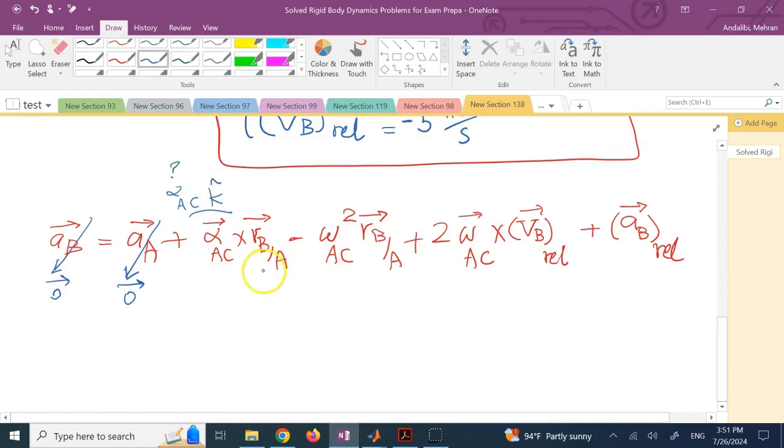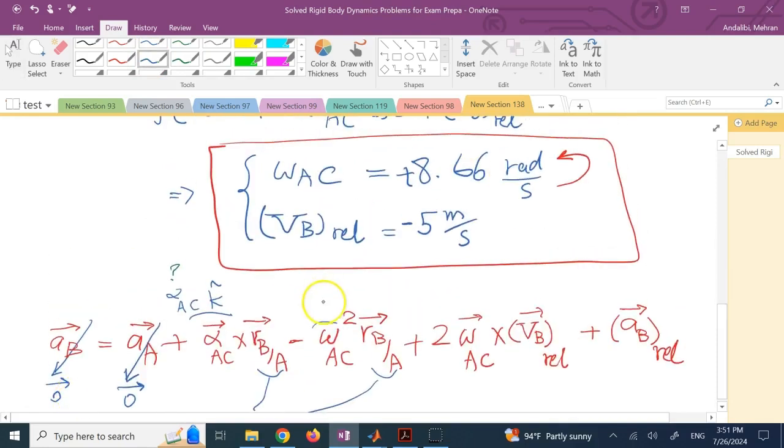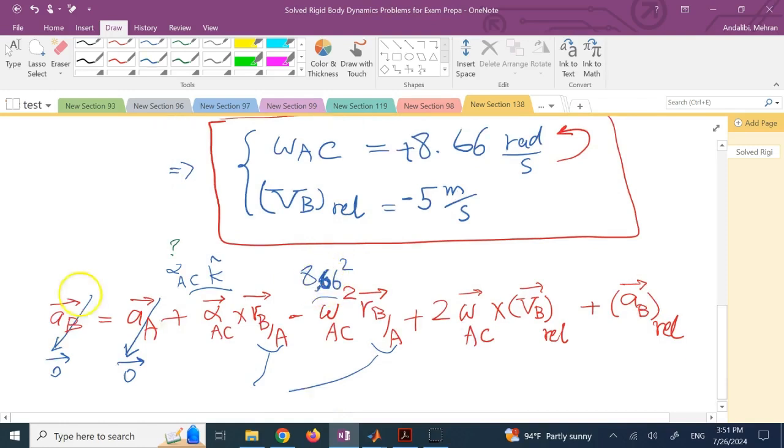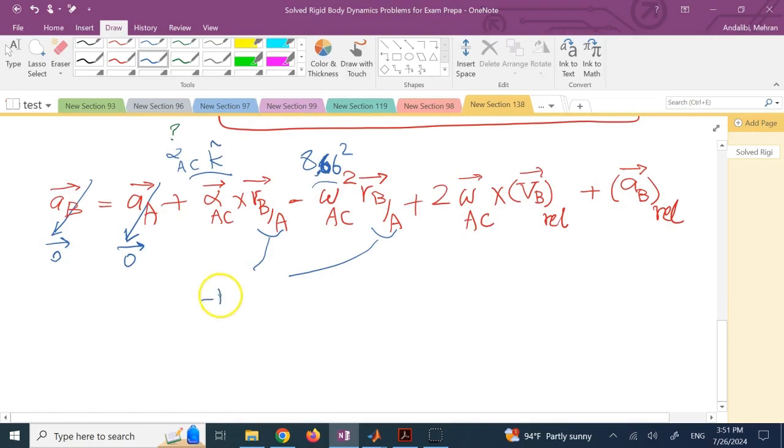Okay, R of B with respect to A is what we had last time. That's the exact same thing. This magnitude of omega is that number that I have. That's just 8.66 squared, right? So that number I have from last time. And this was -1 cosine 30 i, -1 sine 30 j.